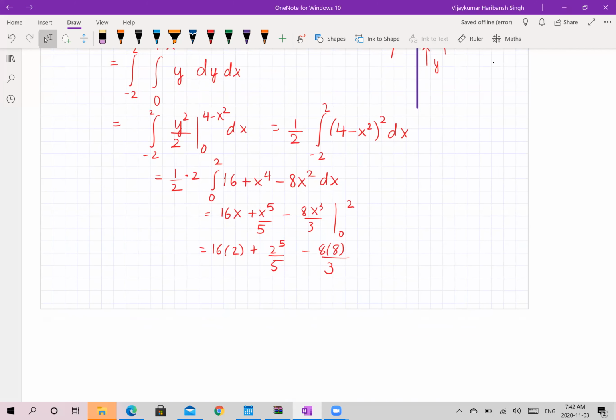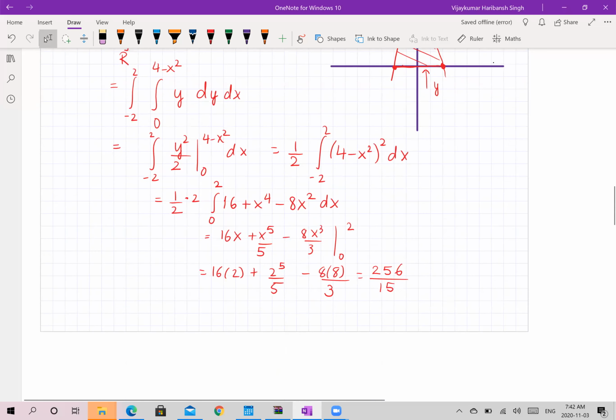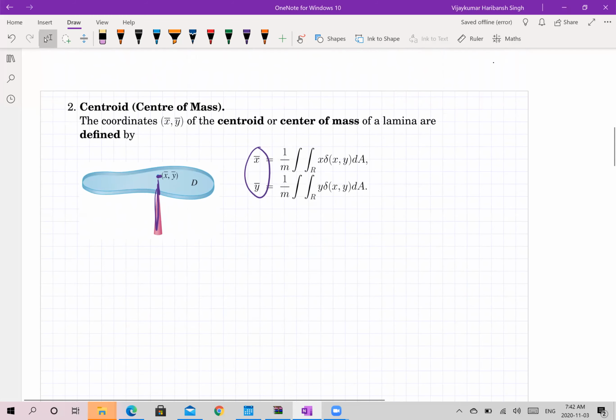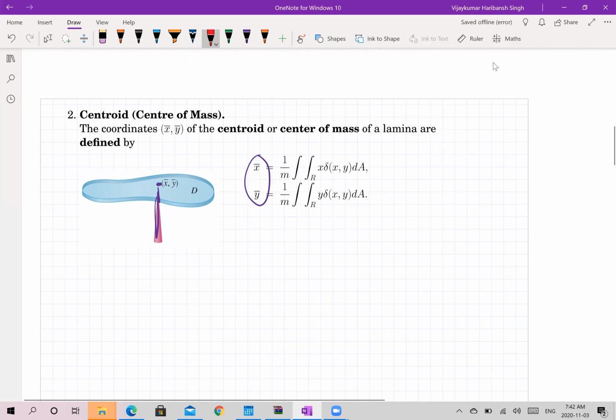So this is going to be 256 by 15. This is the mass M. Now we need to compute the center of mass. The center of mass is given by 1 by M times the integral of x times delta(x,y) dA.